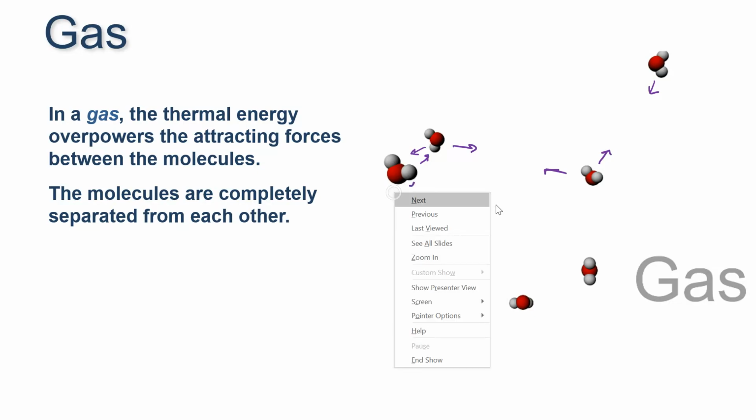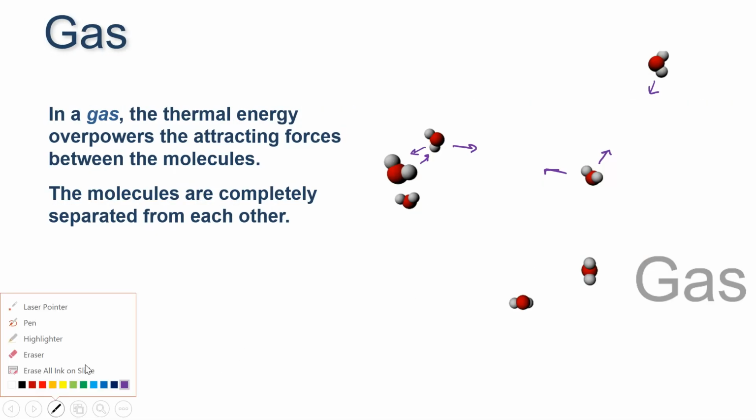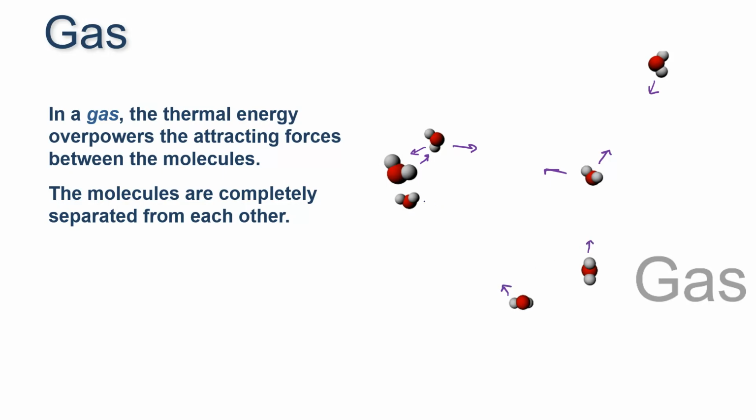This is attracted to this one, and this is attracted to this one. This might be attracted to this one or this one. So the purple ones represent the intermolecular force of attraction.